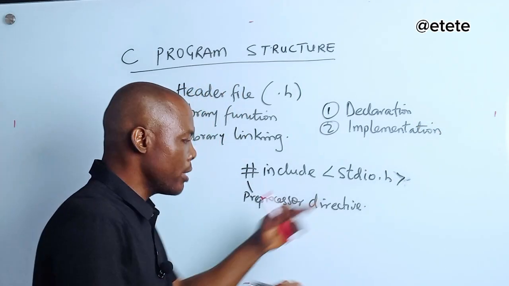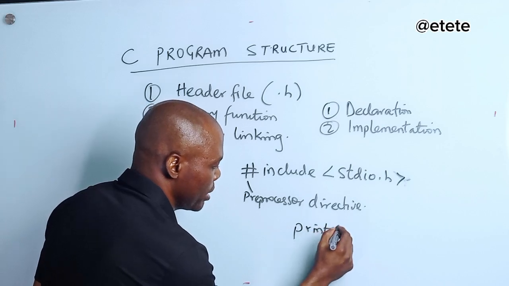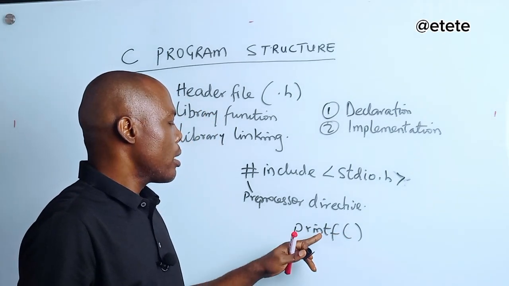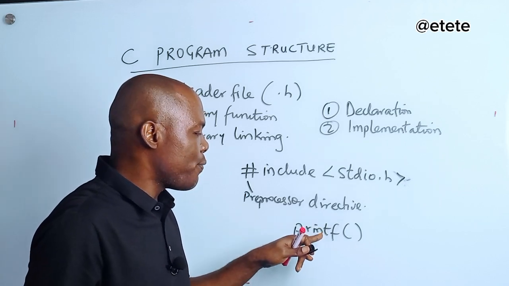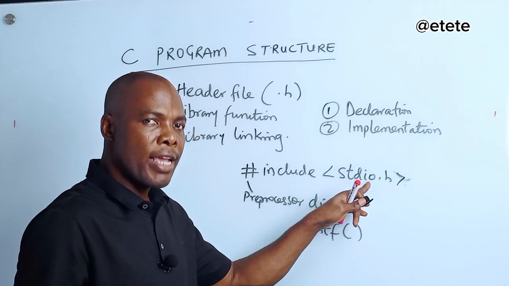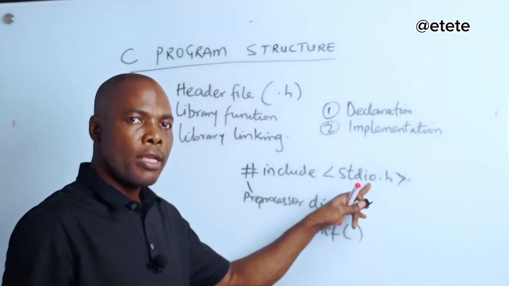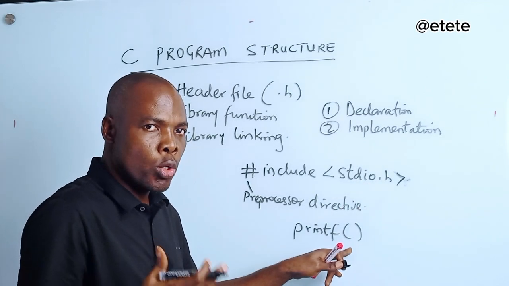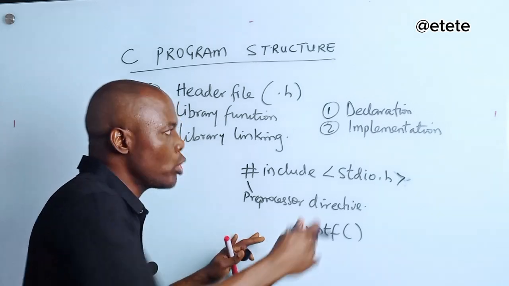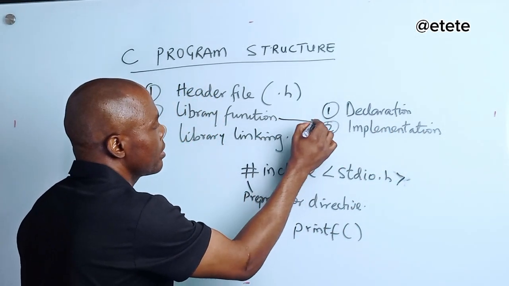What this is simply saying is that if the compiler encounters a function like this, for example printf, it means that you can find this function inside this header file. But the body of the function is not in this header file. So what this function does, you will not know. It is what the function does, which is the implementation of the function. That one will be in this place.